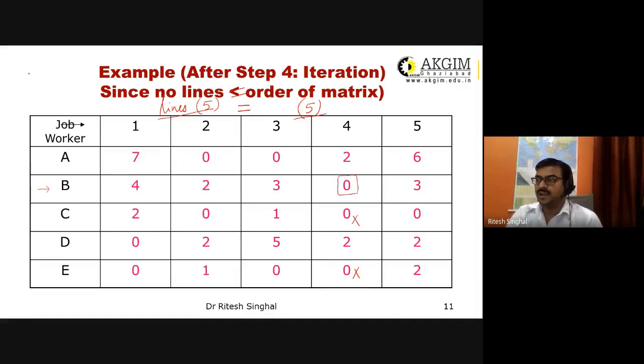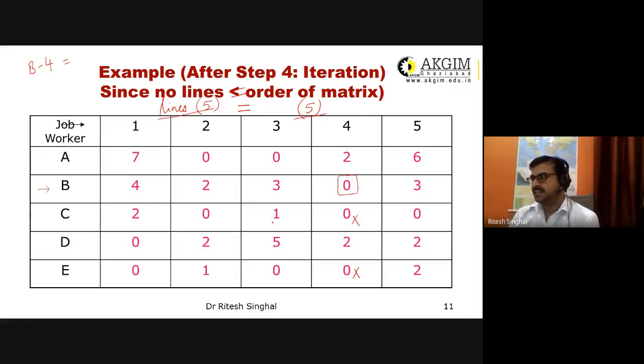So worker B is allocated to job 4, because there is a condition in the Hungarian assignment method that we can allocate one person to one job only. In that sequence, we cut these 2 zeros, because job 4 is already allocated to person B. We cannot allocate this job to any other person.